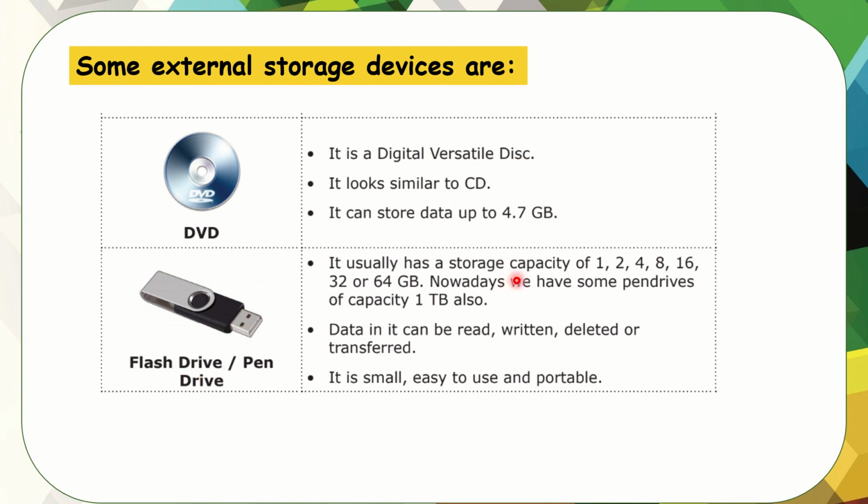It usually has the capacity of 1, 2, 4, 8, 16, 32 or 64 GB. Now it's coming in terabytes also. Data in it can be read, written, deleted, and transferred. It is easy to take anywhere because it is very portable and easy to use.